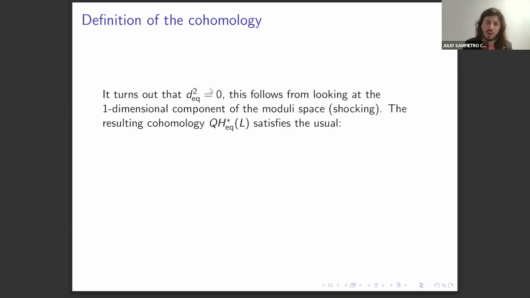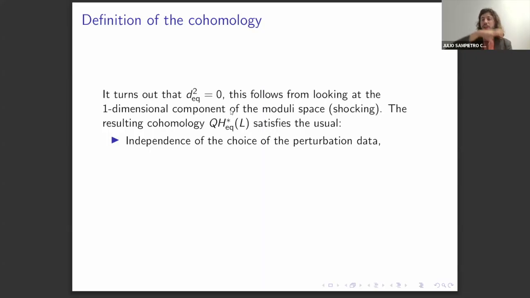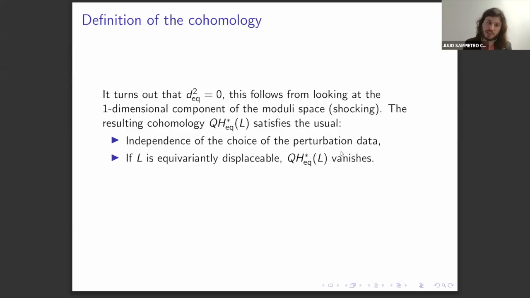The resulting cohomology, which is QH, satisfies what you would expect, which is it's independent of the choice of all the perturbation data on S infinity that you made and on the original one. If L is equivariantly displaceable, then QH star EC of L vanishes. So that's one of the conditions we wanted.